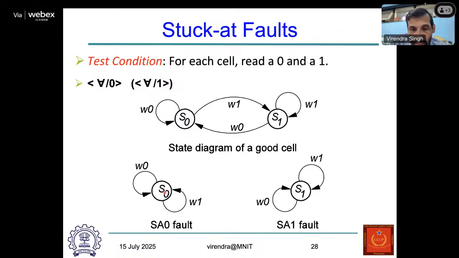However, if I make sure that the cell is in state 1, and then I write 0, the faulty cell will remain in the same state 1. However, the fault free cell should have gone to state 0, and that will distinguish whether the fault is testable or not.